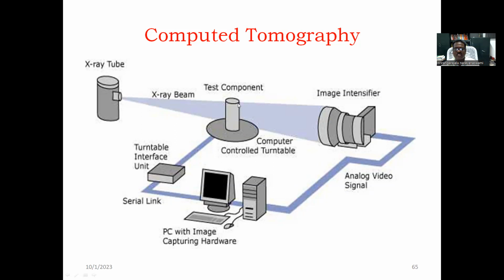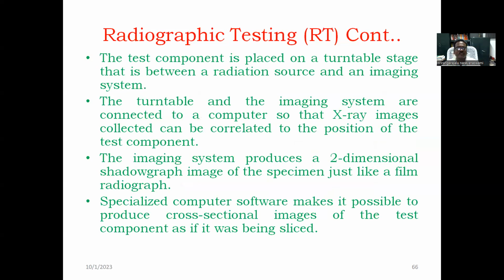Here a specimen will be kept and rotated on the table, and we are able to find out the defects. So this test component is placed on a turntable stage, that is between a radiation source and an imaging system. The turntable and the imaging system are connected to a computer so that X-ray images collected can be correlated to the position of the test component.